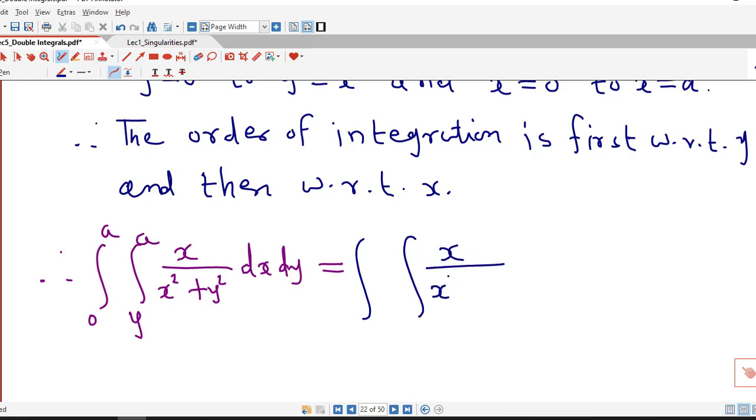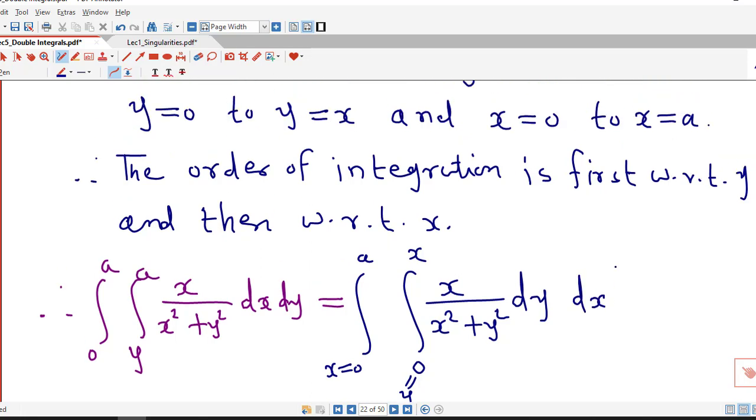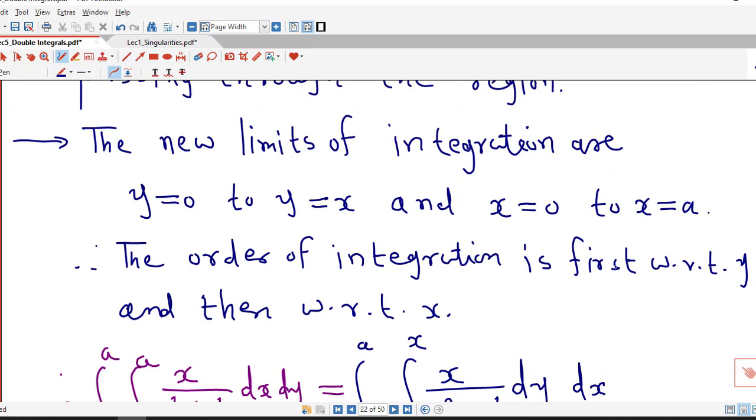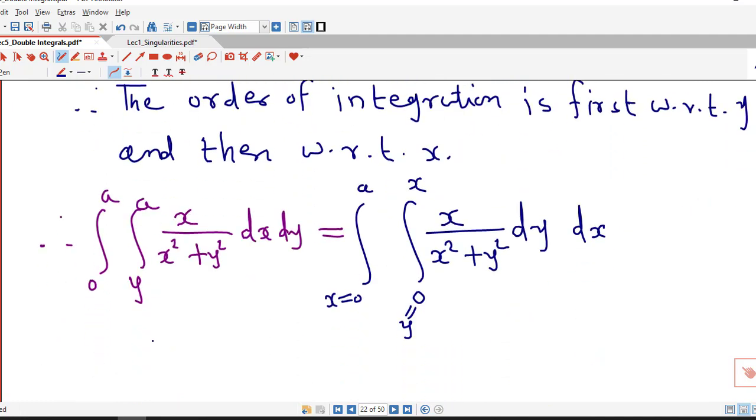So instead of dx, now the order of integration is first with respect to y. Limits of y are from 0 to x and x is from 0 to a, and then we will integrate with respect to x. As we know, if we integrate either with respect to x first or y first, the answer remains the same. So these two double integrals are always the same.